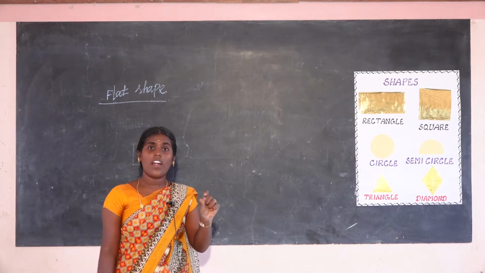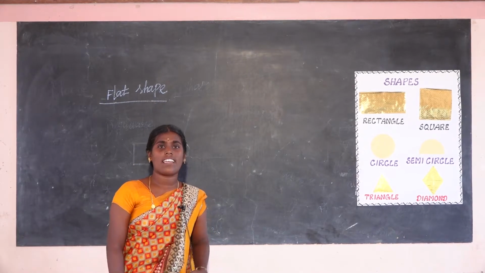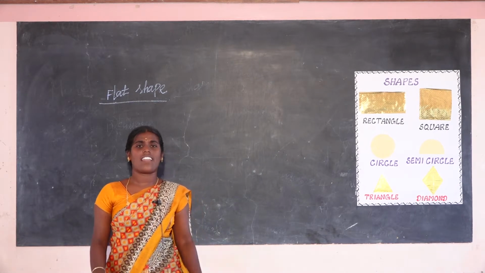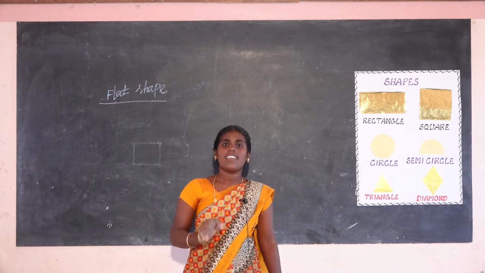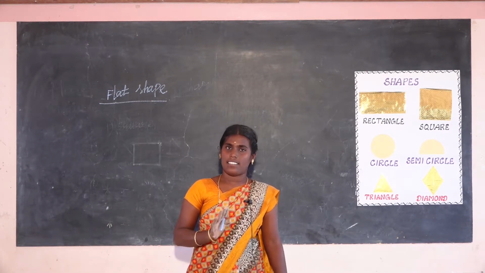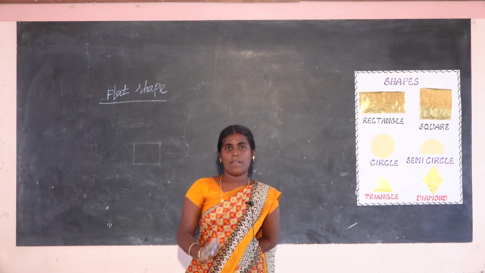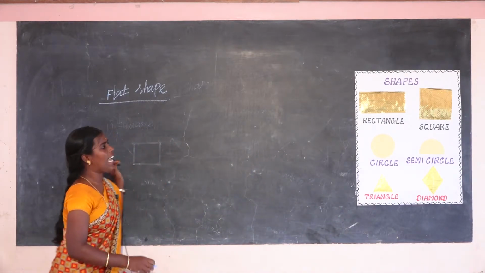The chessboard has many square boxes. Every square box has the same sides: 4 sides, 4 corners and equal sides, that is the square. Yes, the next one is rectangle.